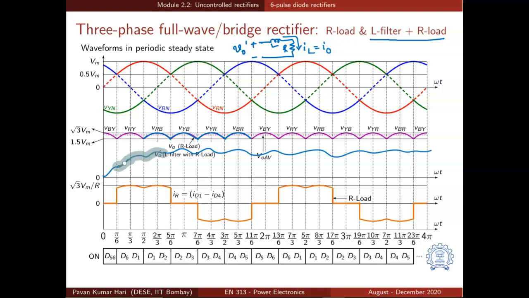We have drawn waveforms in periodic steady state. So considering periodic steady state, I am drawing the current IL, the output current. It will follow a solution of sinusoidal plus exponential, something like this.